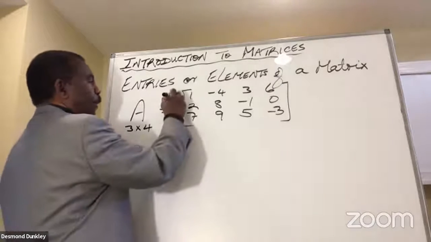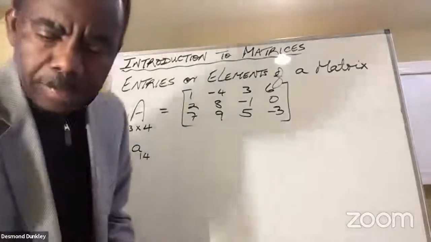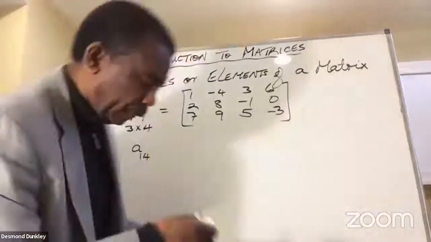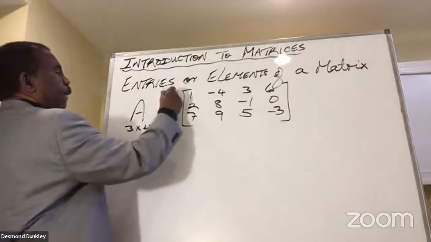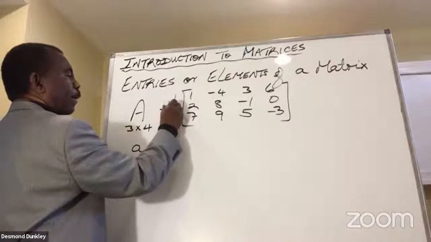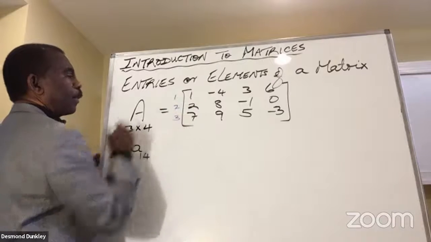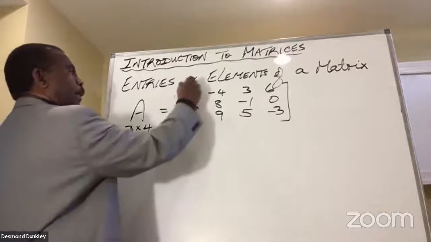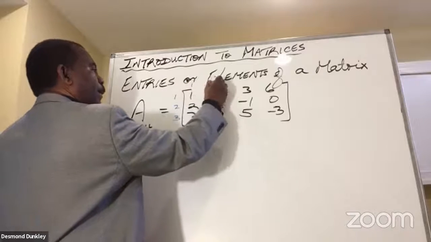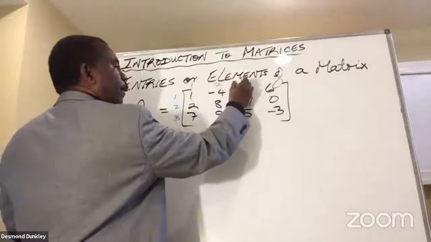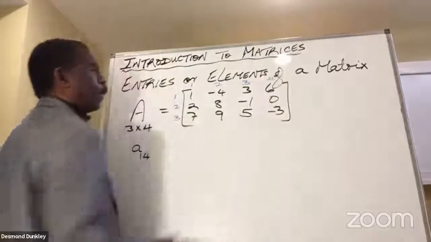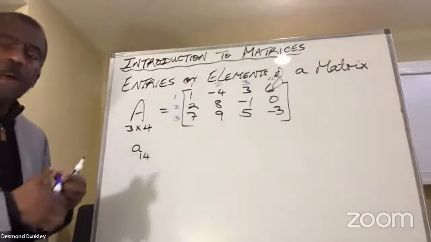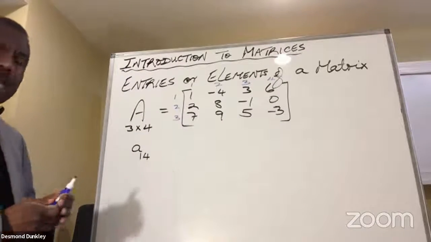Where is the first row? Let me use a different marker. This is the first row, this is the second row, this is the third row. This is the first column, second column, third column, fourth column. So how do we find the a14 entry?